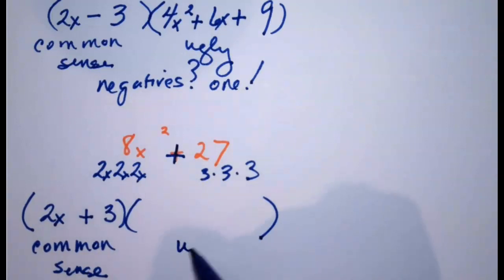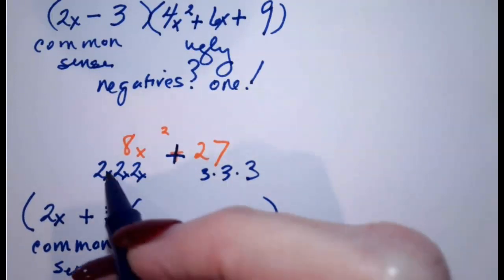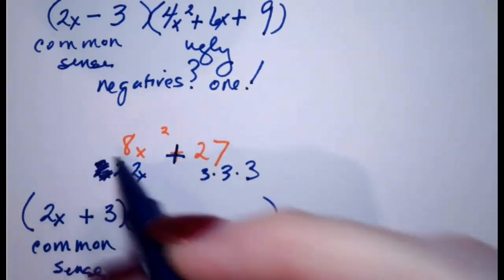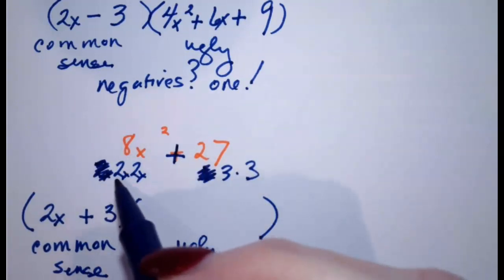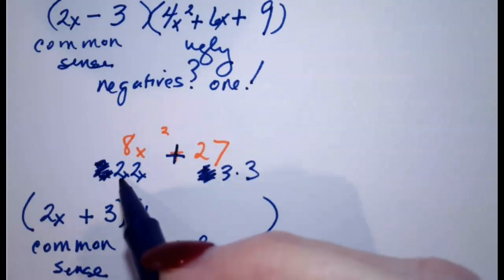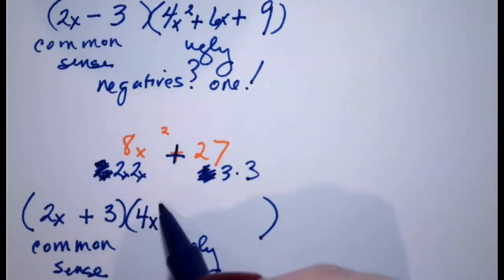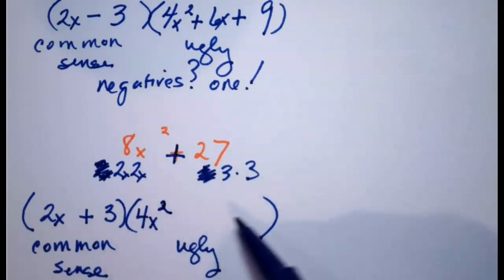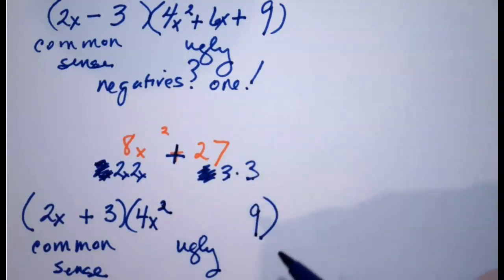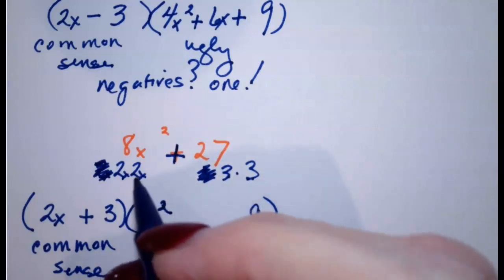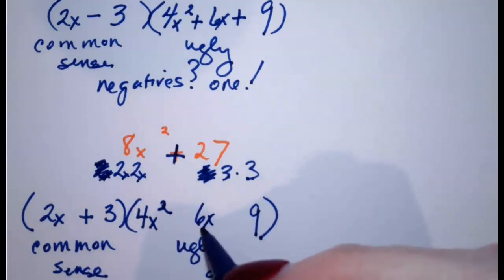So let's start the ugly. I used one of the 2x's. I used one of the 3's. Well, 2 times 2 is 4, and x times x is x squared. And 3 times 3 is 9. And I have to remember the middle. 2x times 3 is 6x.